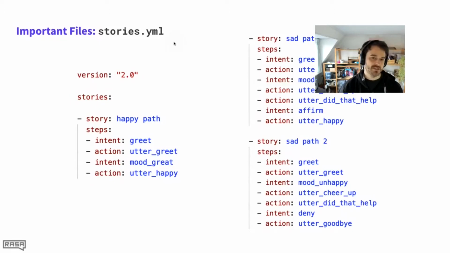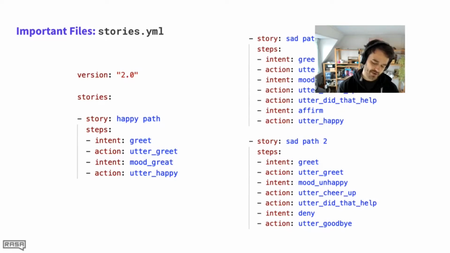Now, the assistant that we'll be making is called MoodBot. It's kind of a hello world application. The idea of the bot is that we say hello, and then we check if you're happy or sad. And if you're sad, we try to cheer you up. So the way the conversation could go is that we greet, and then we have an action, namely that we say hello back. And if you then declare that you're unhappy, we would like these two actions to follow.